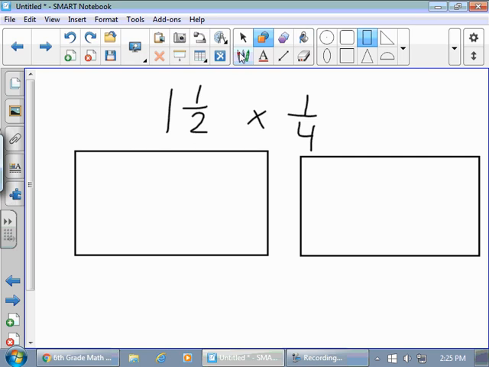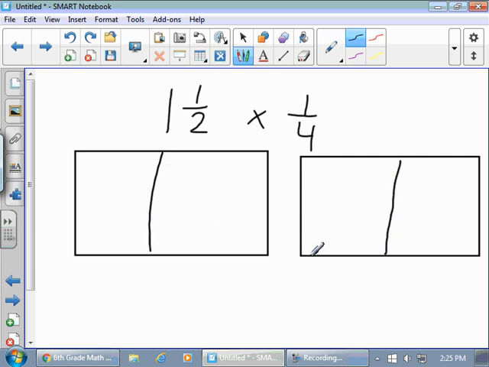So there's my 2 rectangles. I'm going to cut them in half. And I'm going to shade one whole rectangle and half of the other. So this one gets shaded. So I'm going to go back and change that color so in a minute we'll see better.